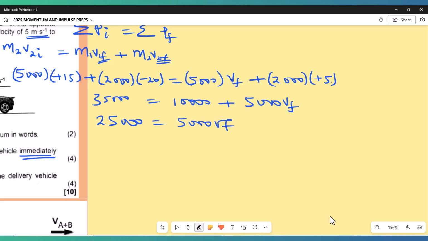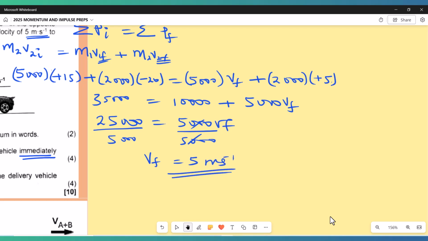Divide by 5,000. What do we get here? We're going to get V final as 5, so it is 5 meters per second.